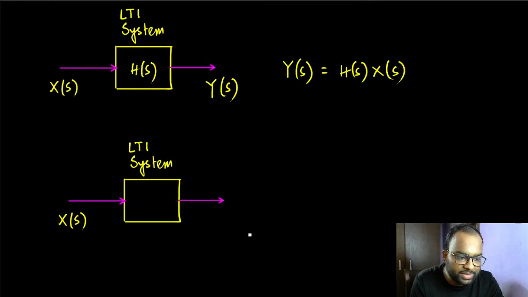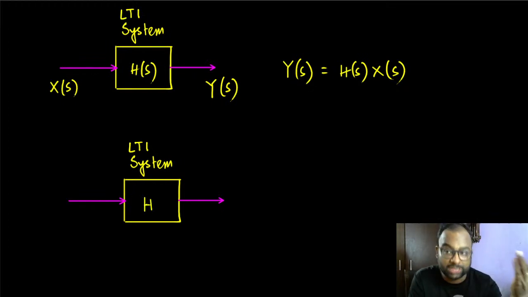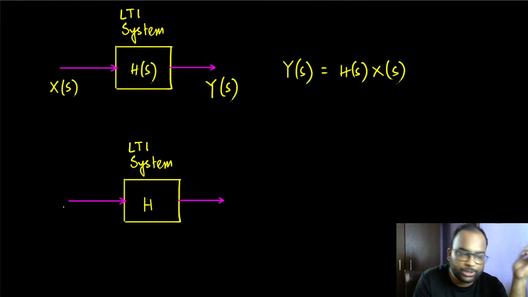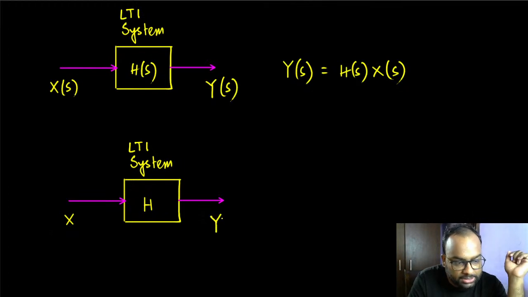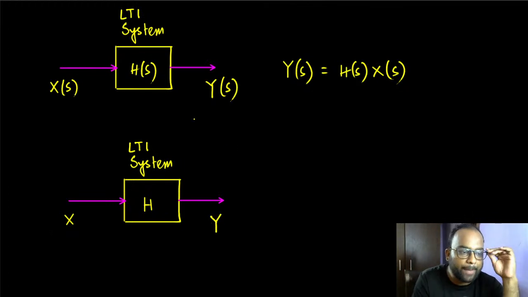We can just say the impulse response is denoted by H, of course the Laplace transform of the impulse response is denoted by H. The input is denoted by X, but it's not the input in the time domain, it's the input in the frequency domain, probably the Laplace transform of the input, and the output is Y. So notice the capital letters here. We are expressing them using uppercase letters, not the lowercase ones.